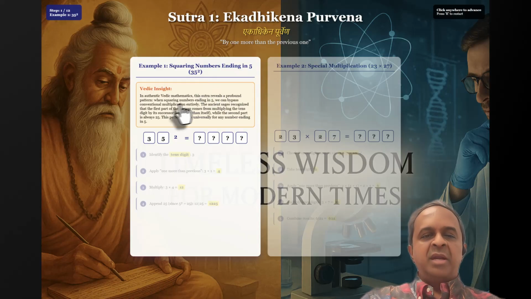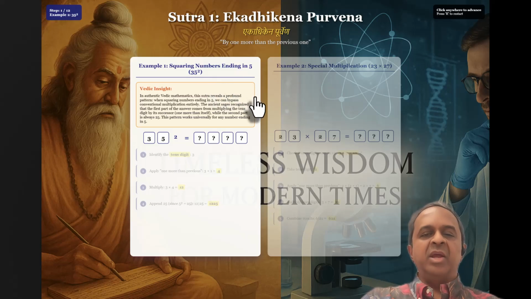In authentic Vedic mathematics, this sutra reveals a profound pattern. When squaring numbers ending in 5, we can bypass conventional multiplication entirely, right?